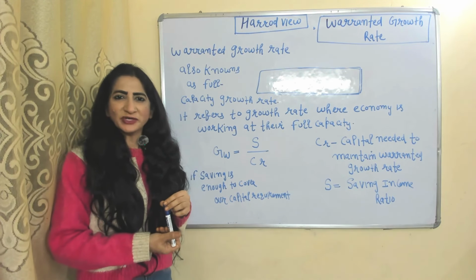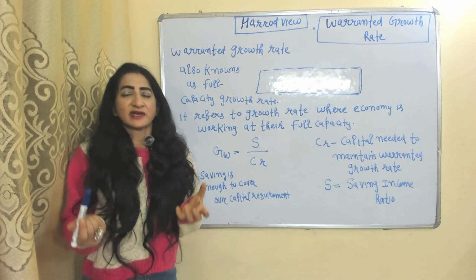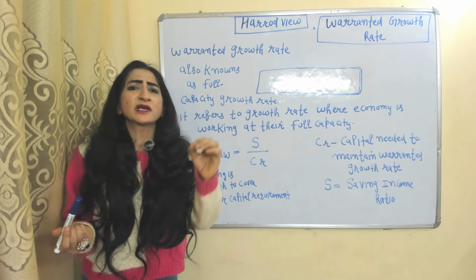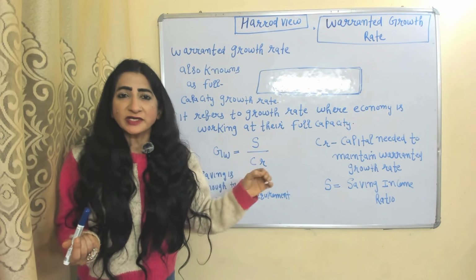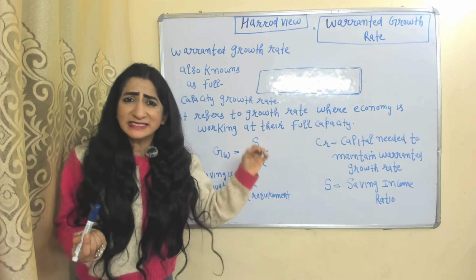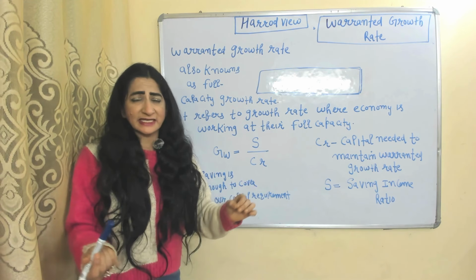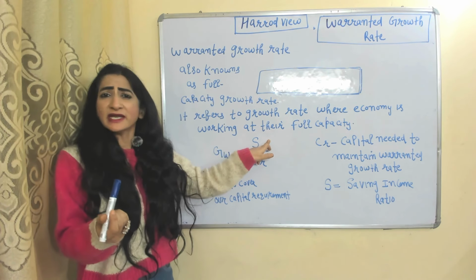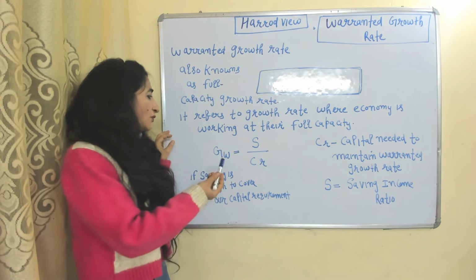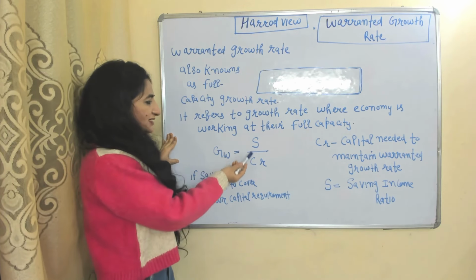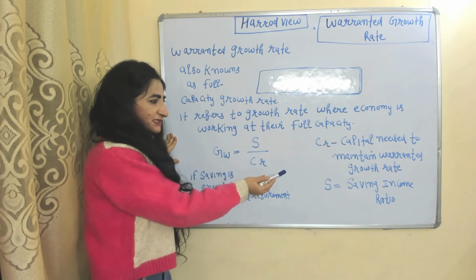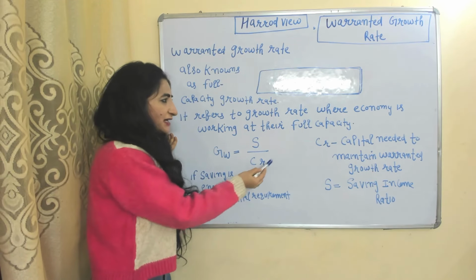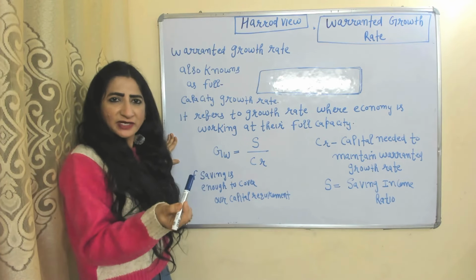The second growth rate according to Harrod is the warranted growth rate. Warranted growth rate is a full capacity growth rate, or you can say it is the growth rate where the economy is working at its full capacity. Warranted growth rate is equal to S over CR. S is the saving income ratio. CR is the capital needed to maintain the warranted growth rate.